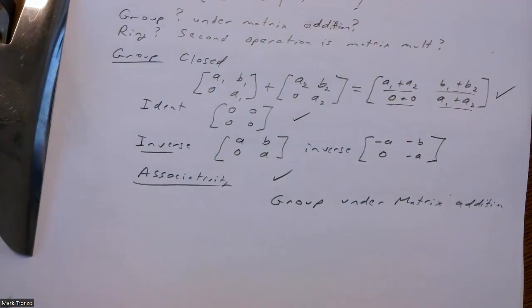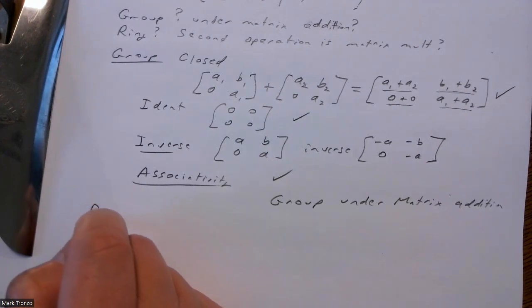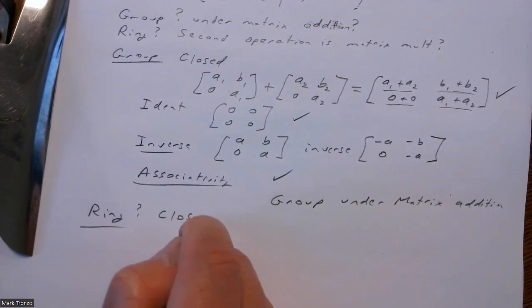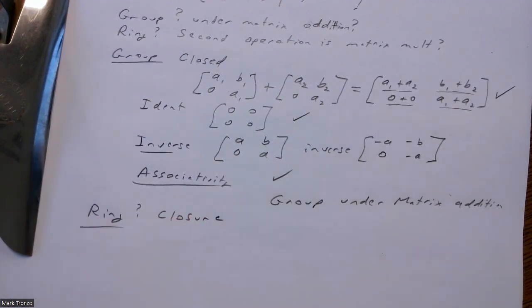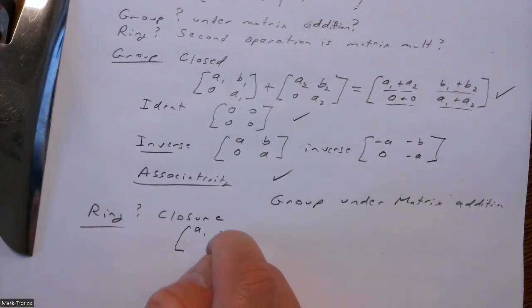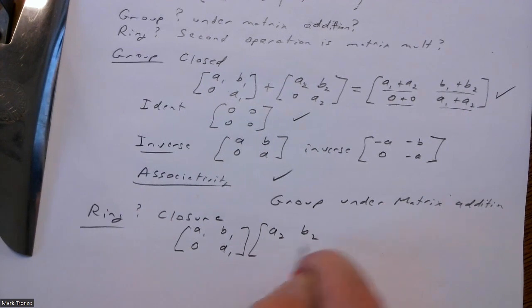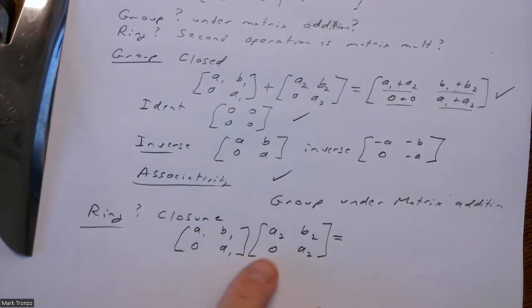And then the next question is, is it a ring under multiplication? So let's take, first of all, let's check for closure. If we multiply two typical elements, A1, B1, 0, A1 and A2, B2, 0, A2, remember what it is.